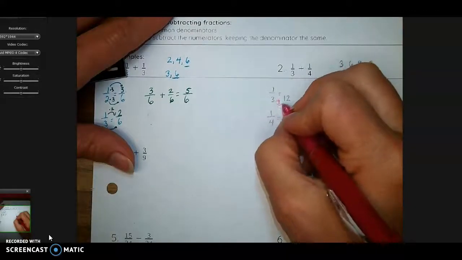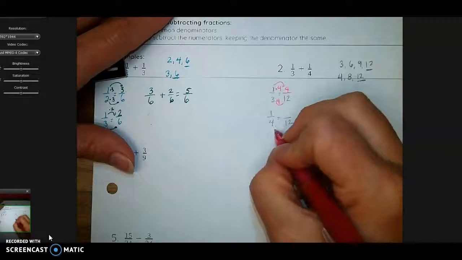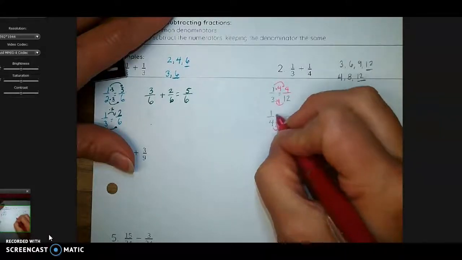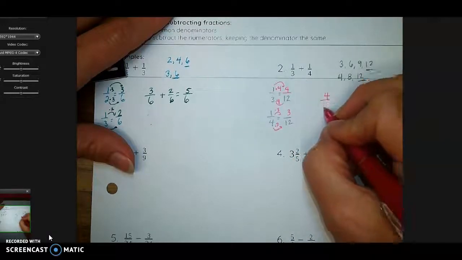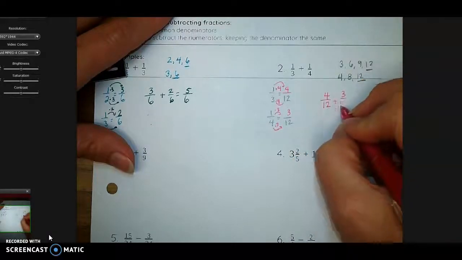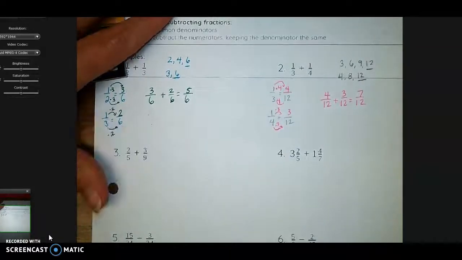So times 4, and times 3 for the other, which means times 3 on the top as well. So I get 4/12 plus 3/12, which equals 7/12, which is also what we saw in our model.